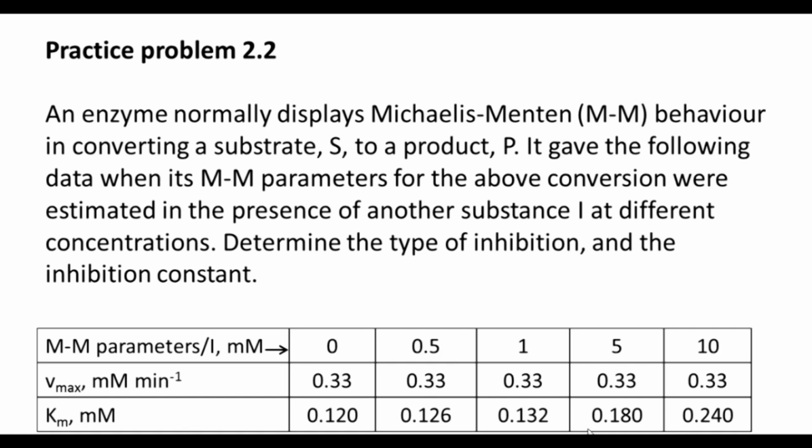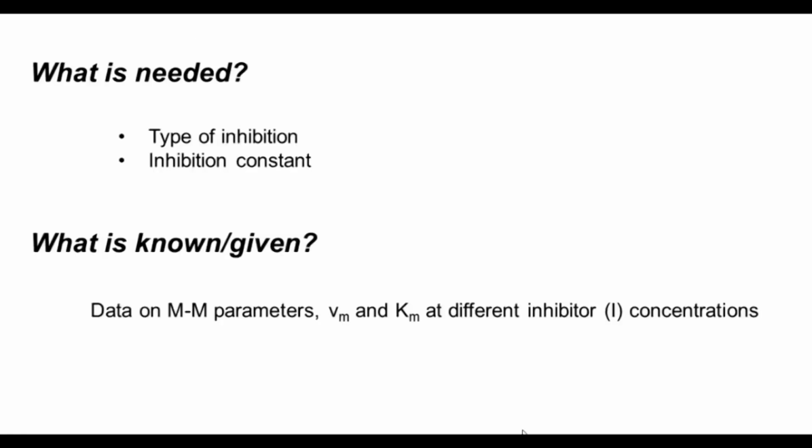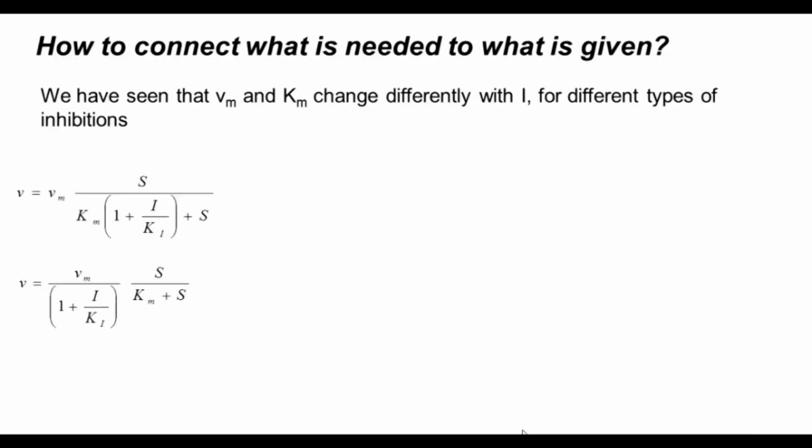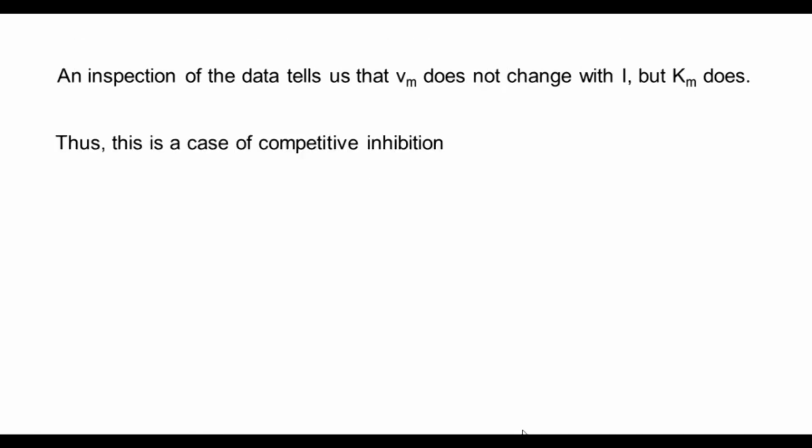Whereas Km changed. This is what we said earlier, and this is what the data shows us. So this is clearly a case of competitive inhibition. That is straightforward. So that is the first question, what kind of inhibition it is.